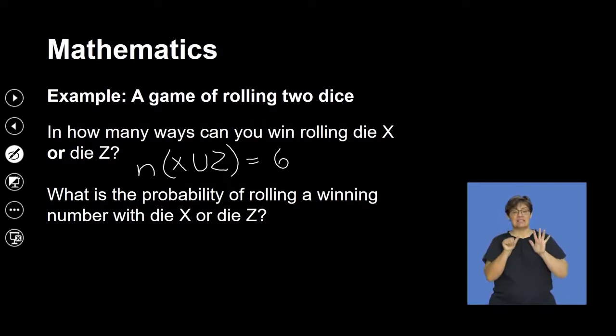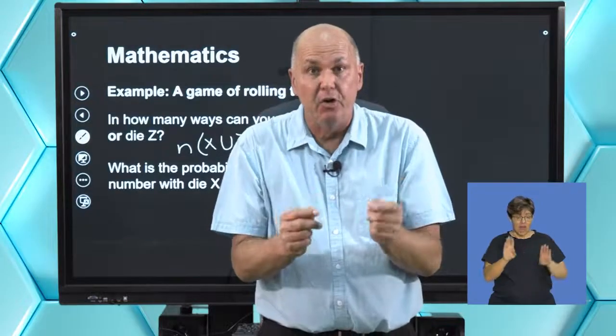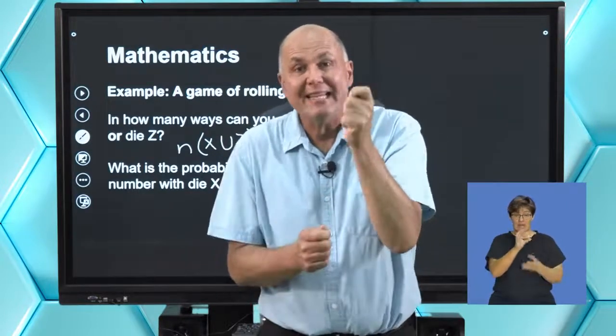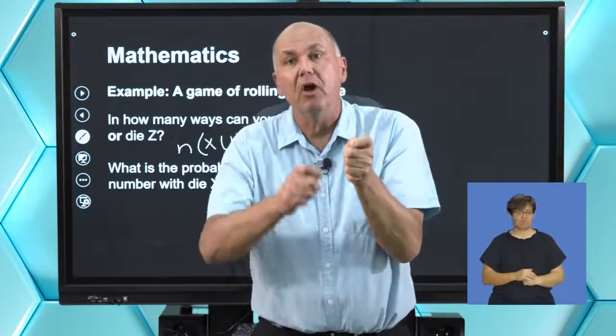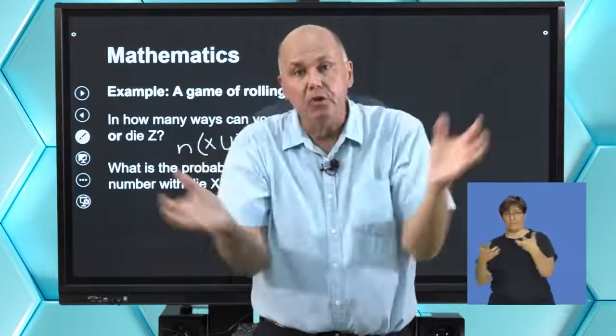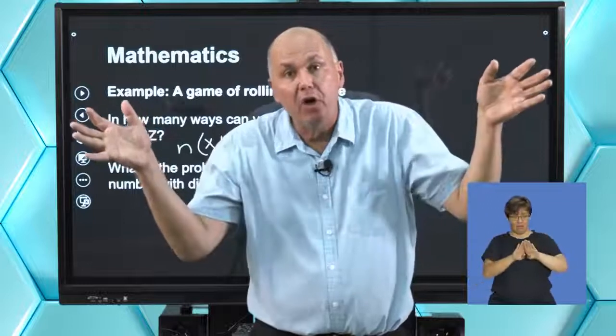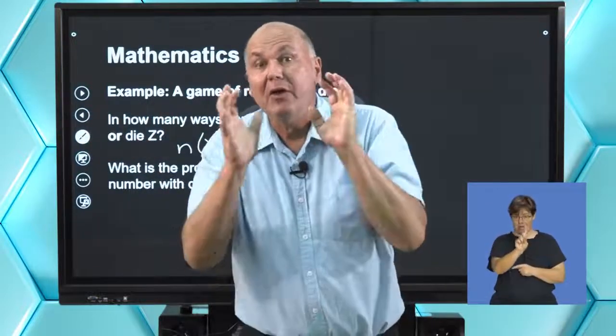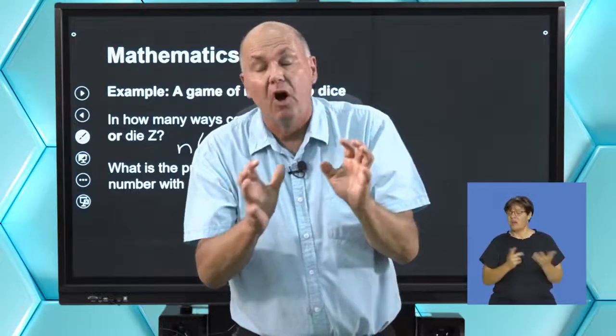Because remember what we've just said, in the intersection, we're only going to count 3 once. Because in the intersection, the 3 belongs to X and to Z. But if we're looking at the union, we're going to look at only 1 value in the intersection. So there are 6 possible ways of winning.